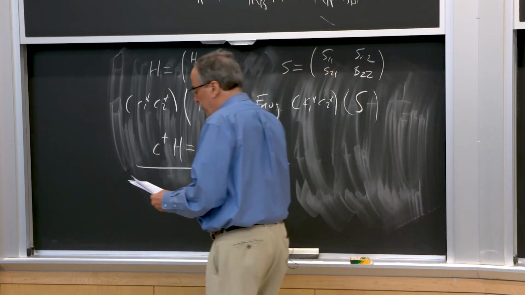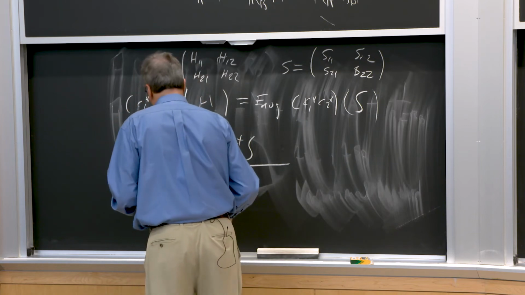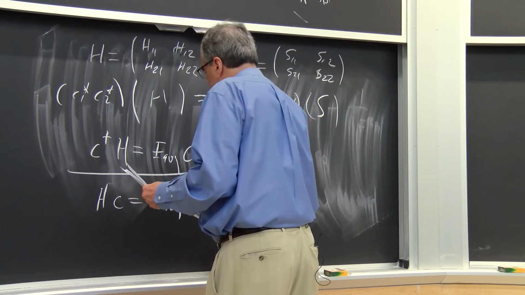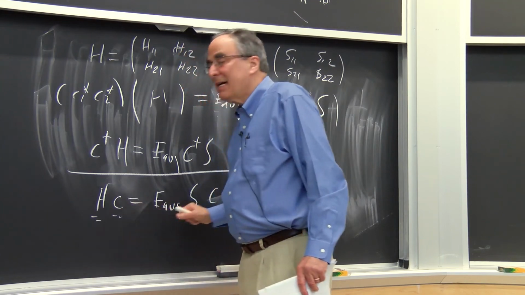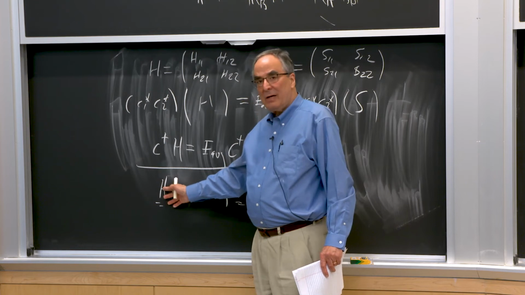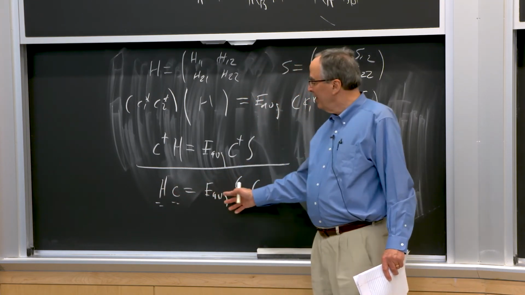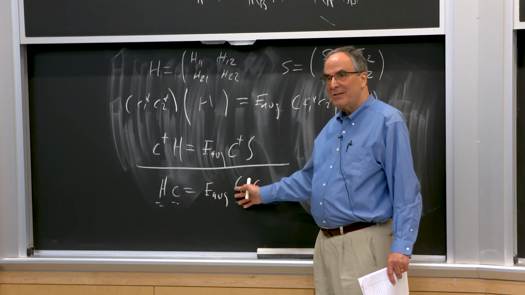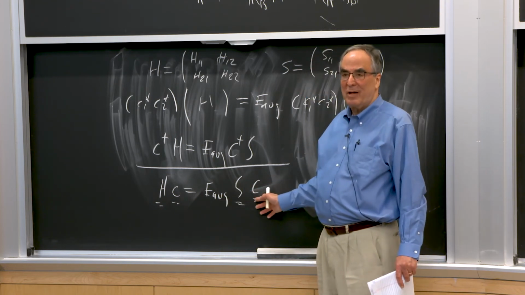And that equation would be HC is equal to E average times S times C. This guy looks familiar. It looks like Hamiltonian times something is equal to the energy times something else. It's not just the energy. We have the overlap integral.